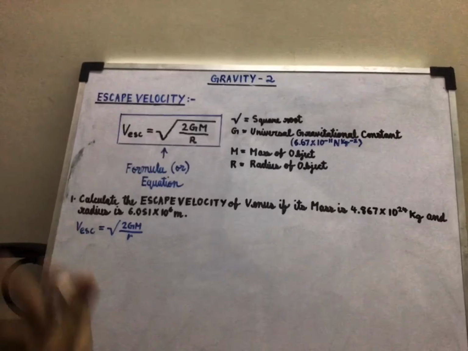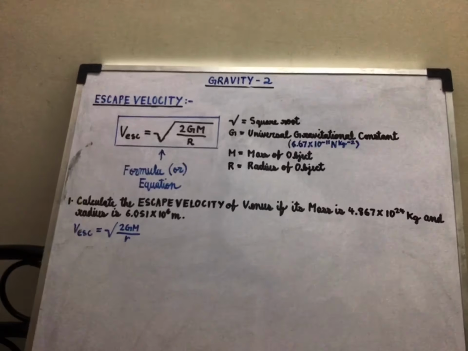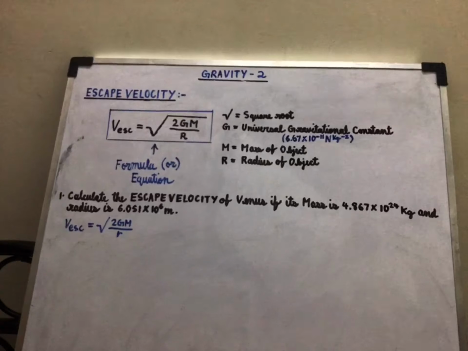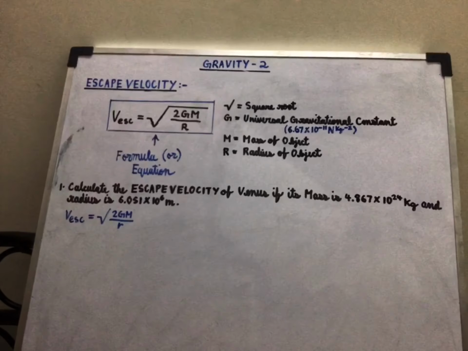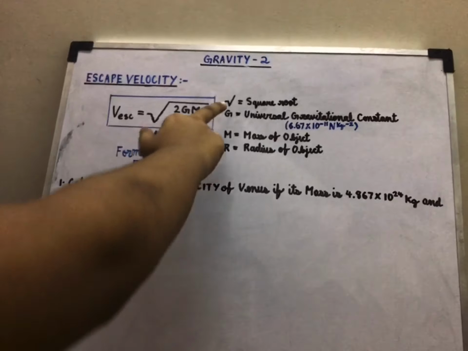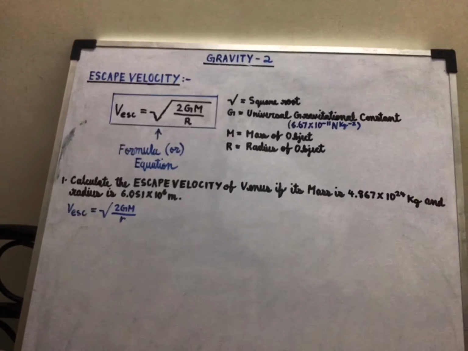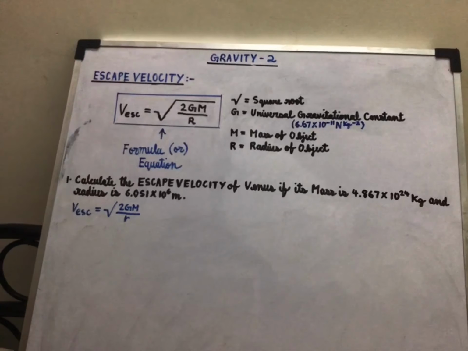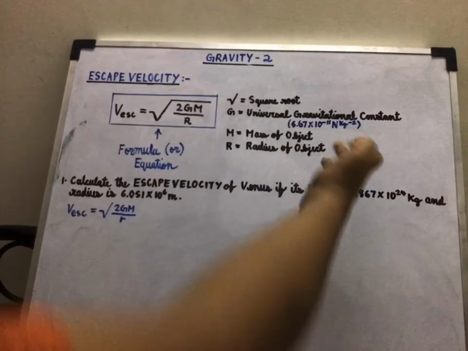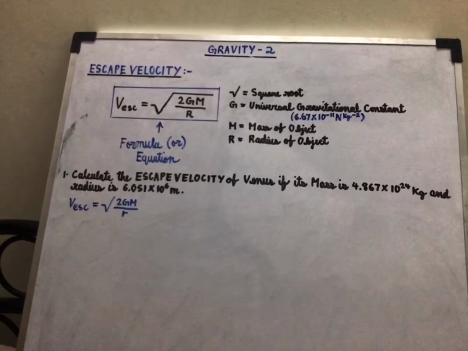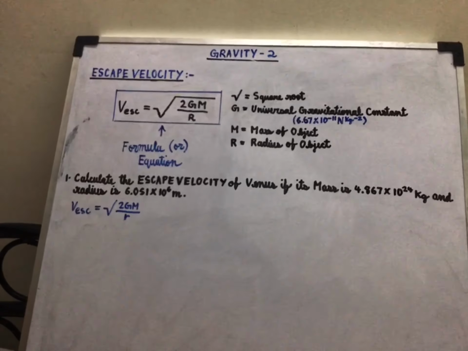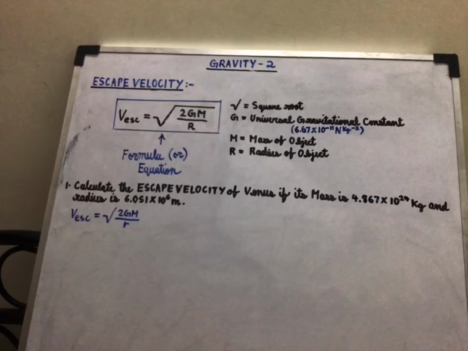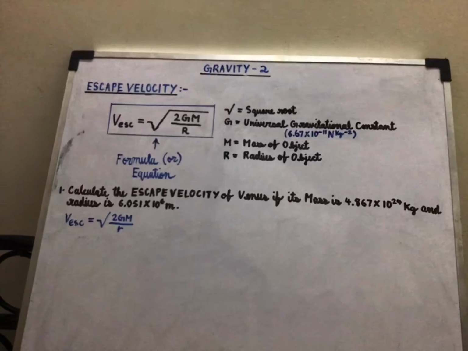V subscript esc, or in short escape velocity, is equal to the square root of, in brackets, 2 times the universal gravitational constant, 6.67 into 10 to the power minus 11 N m² kg⁻², multiplied by the mass of the celestial body, the whole divided by the radius of the celestial body.